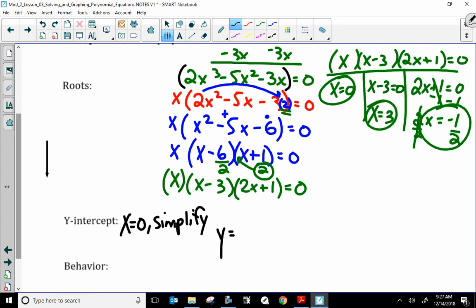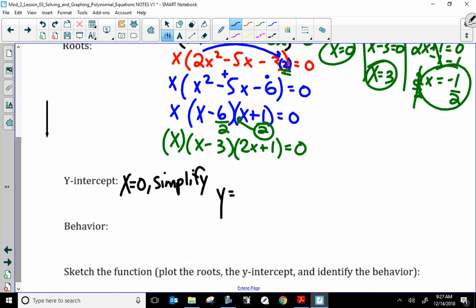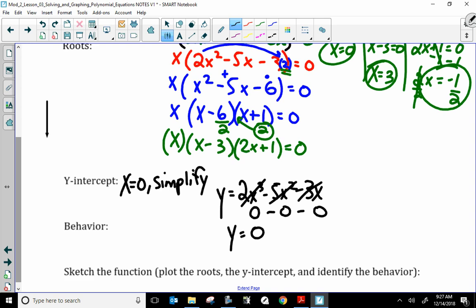Before we even factor anything out, when we got everything on one side, 2x cubed minus 5x squared minus 3x. If I made all these x's zeros, anything times 0 is 0, isn't it? Y would equal 0. That is my y-intercept.